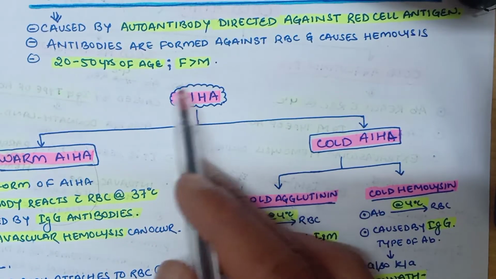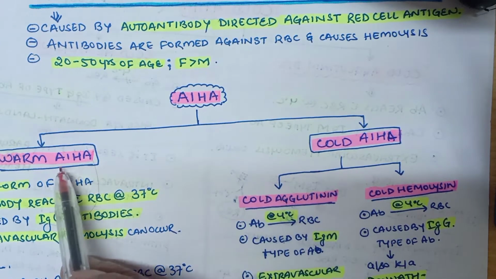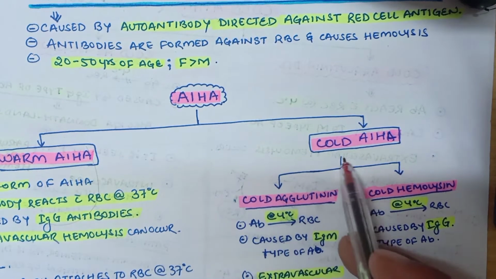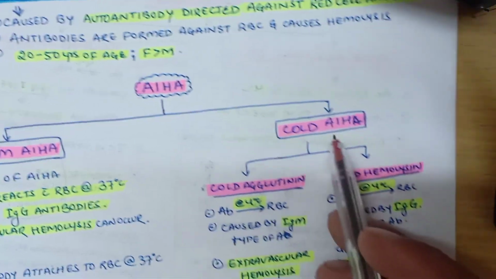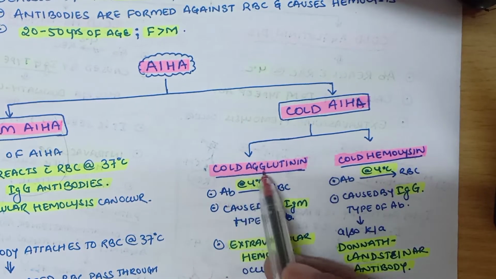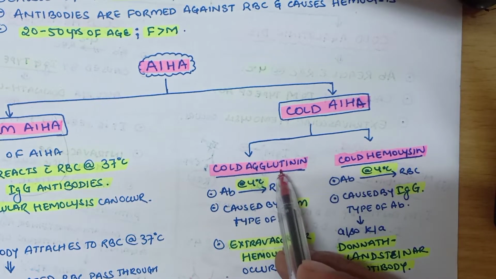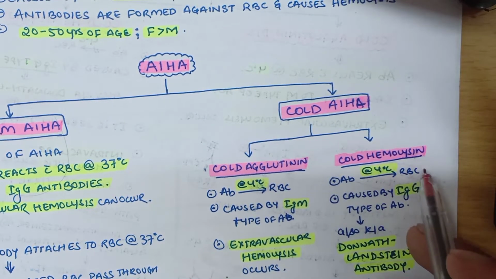Autoimmune hemolytic anemia is of two types: warm autoimmune hemolytic anemia and cold autoimmune hemolytic anemia. Cold autoimmune hemolytic anemia is further classified into cold agglutinin autoimmune hemolytic anemia and cold hemolysin autoimmune hemolytic anemia.